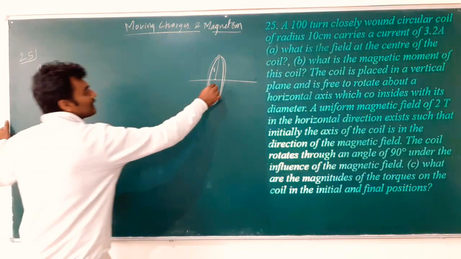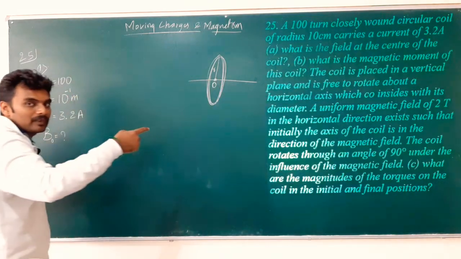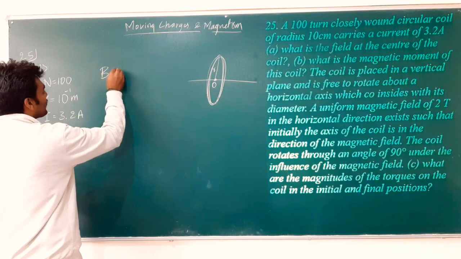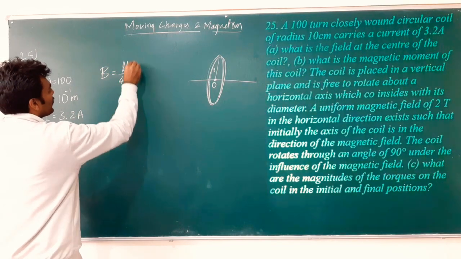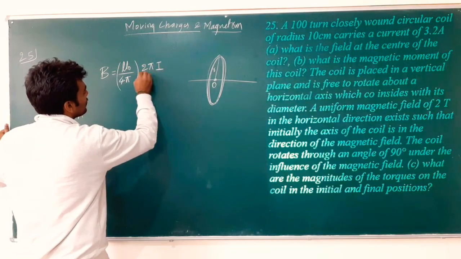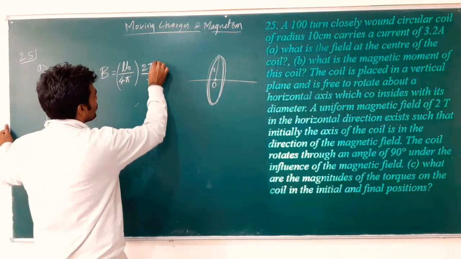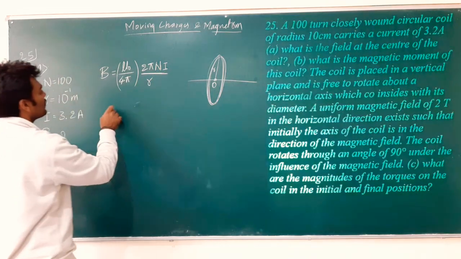Now, the point chosen is at the center of the coil itself. Since the point chosen is at the center of the coil, the expression for magnetic field can be directly taken as mu naught by 4 pi, 2 pi I by r. So, for n number of turns, it is 2 pi nI by r.